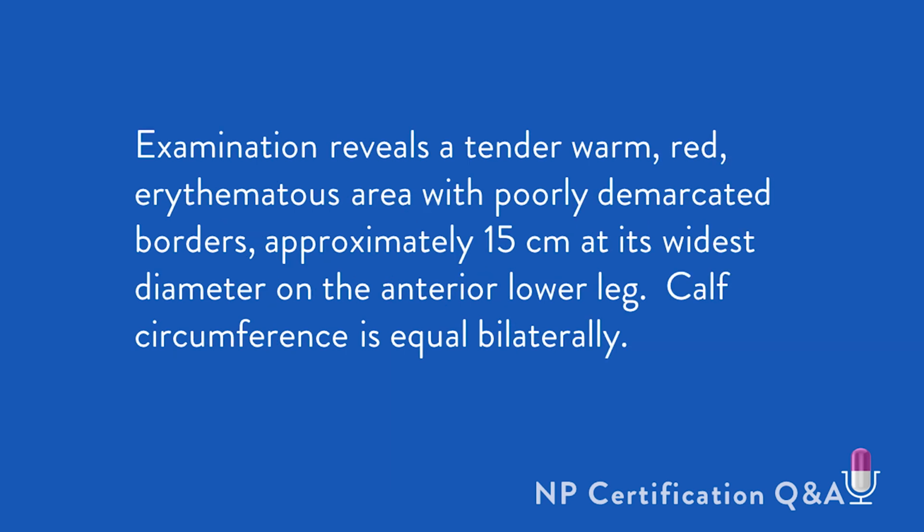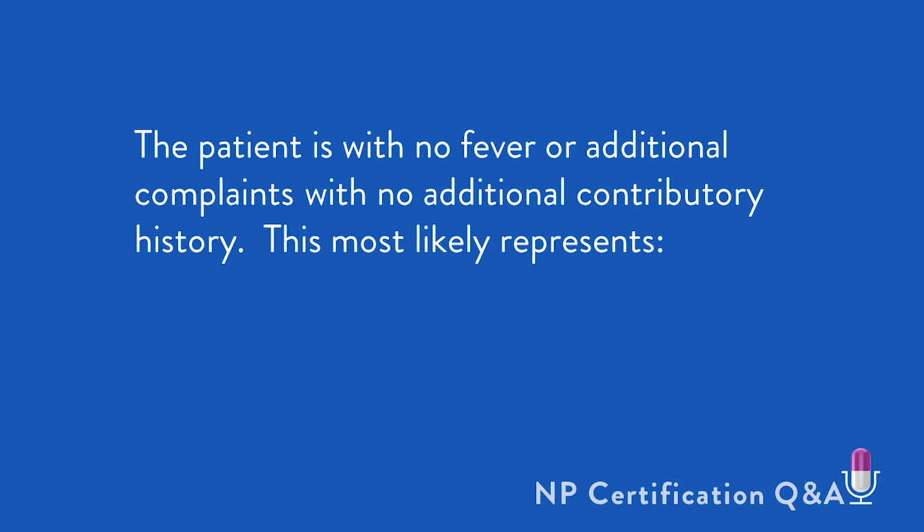Examination reveals a tender, warm, red erythematous area with poorly demarcated borders about 15 centimeters at the widest diameter on the anterior lower leg. Calf circumference is equal bilaterally. The patient is without fever or additional complaints with no additional contributory history.